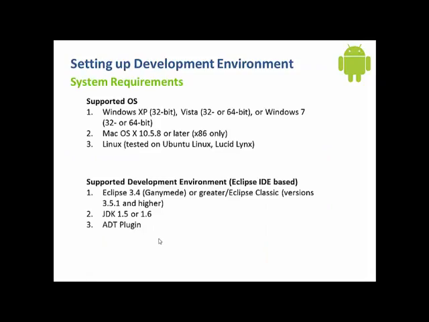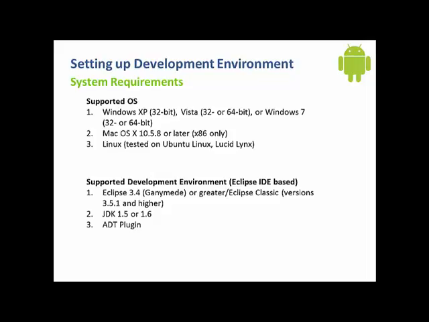So what is the basic requirement? For setting up the development environment, you need Windows XP, Macintosh, or Linux. I have just tested it on Ubuntu Linux. The supported development environment is Eclipse 3.4 or greater, JDK 1.5 plus, and the ADT plugin. Now we don't need all that.